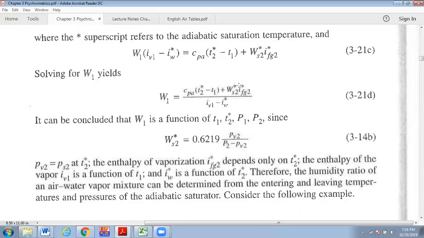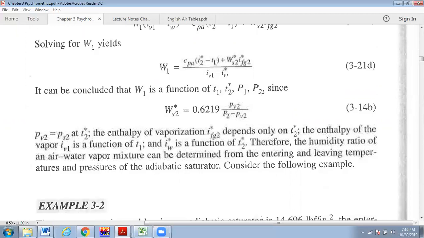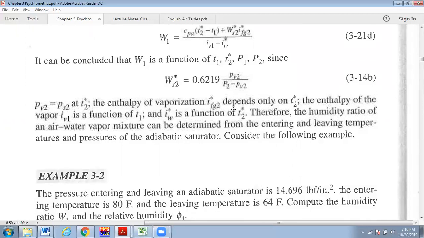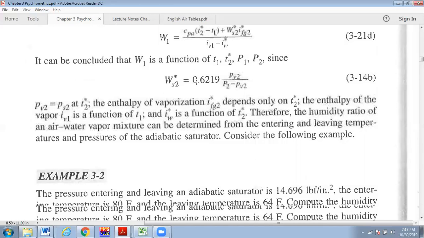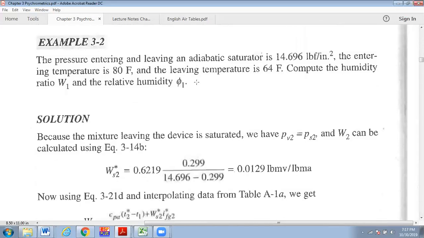So the water vapor pressure is the saturation pressure at whatever the wet bulb temperature is. You have to know the temperature coming out. So we use these two equations together a lot of times in calculating this W1. Okay, let's do a quick example, and then I think that'll be about time to get out of here.